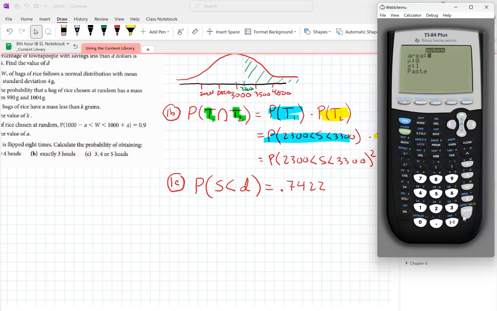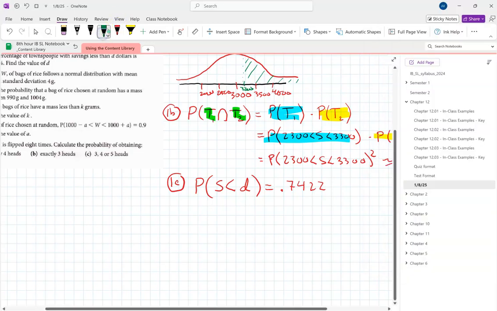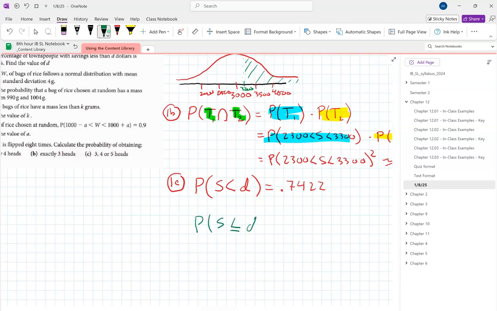Now, I think you guys have an additional option here. Am I correct? Type yours in. Let me know, is there an additional field? Yeah. So here's the deal. The way my calculator is programmed, inverse normal is only going to do this if the inequality is a less than or equal to.